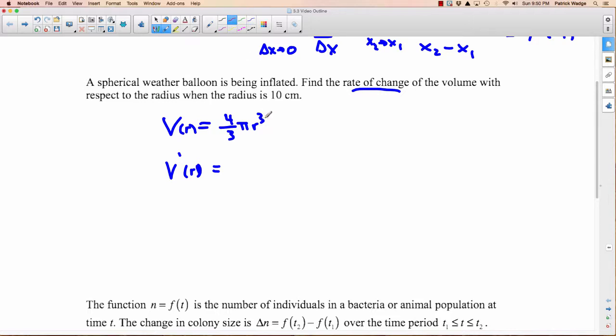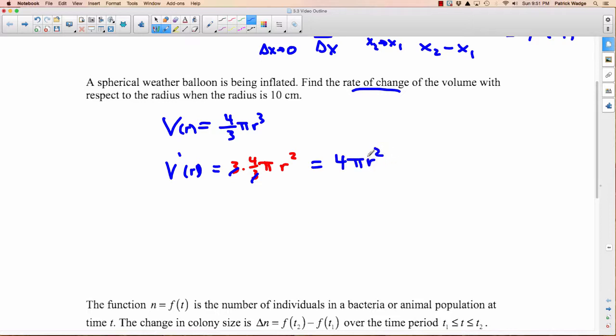The 3 is going to come down and multiply by the 4/3 pi, and then the r is now going to have an exponent of 2. You can then cancel out the 3's, so what you're left with is 4 pi r squared.